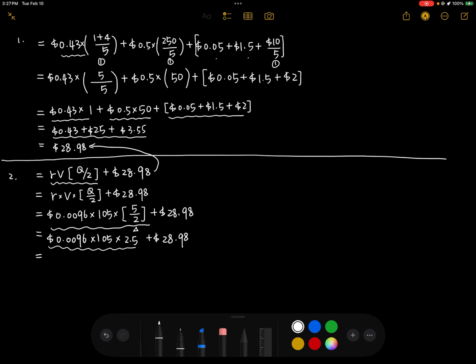And you put it in the calculator, you will get the value of the multiplication, which is 2.52. And then plus 28.98. So the final answer is 31.5.